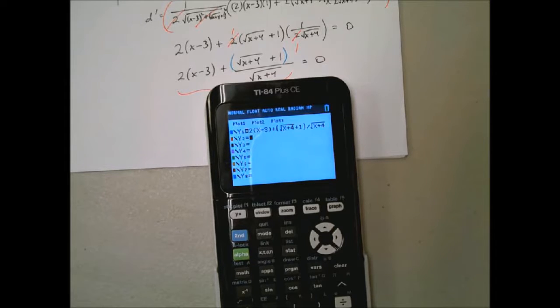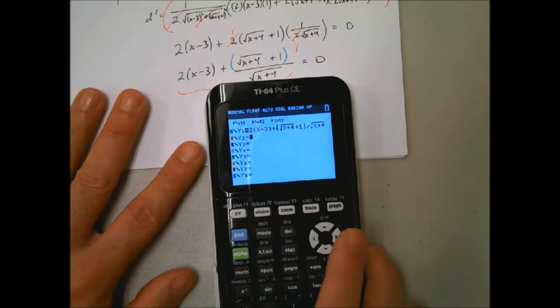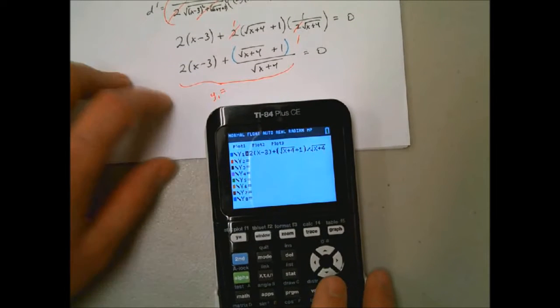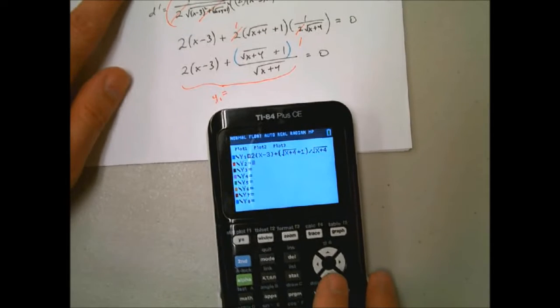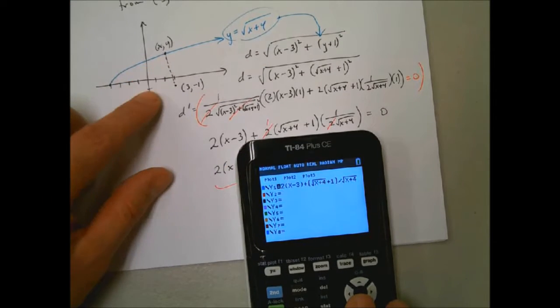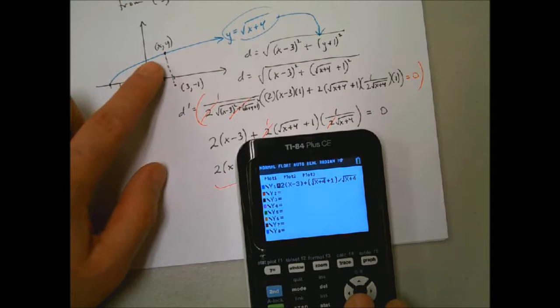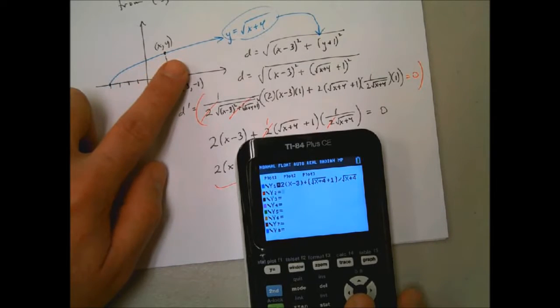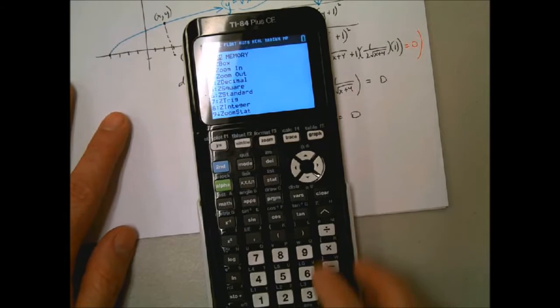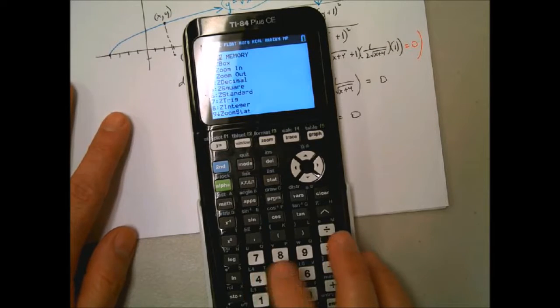Okay, so now we're solving for the critical point. Just based off of our sketch right here, isn't the x value going to be something positive and fairly small? So probably just do zoom decimal. Sometimes you have to manipulate your window a little bit.